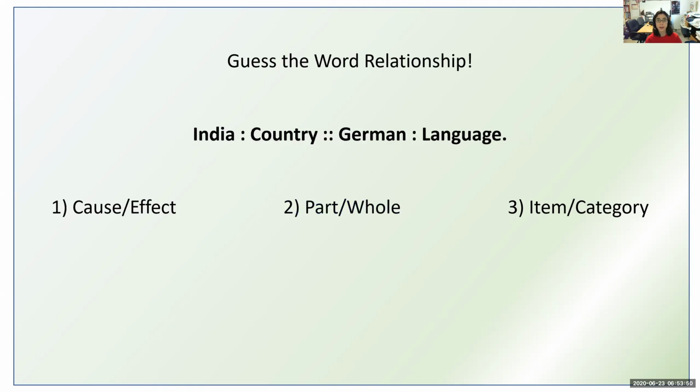All right, so that one would be item category. Good job.